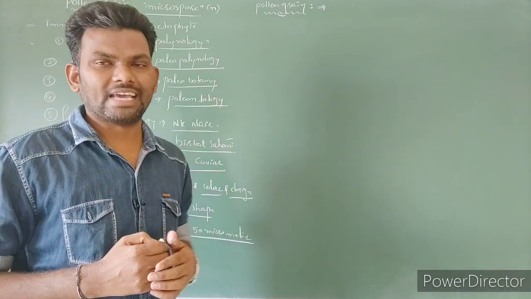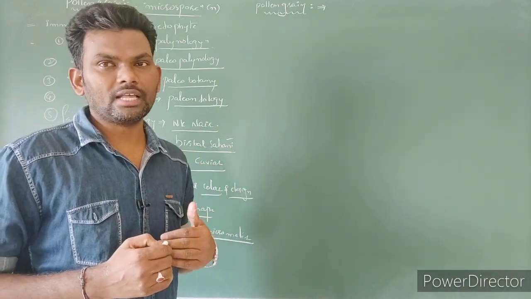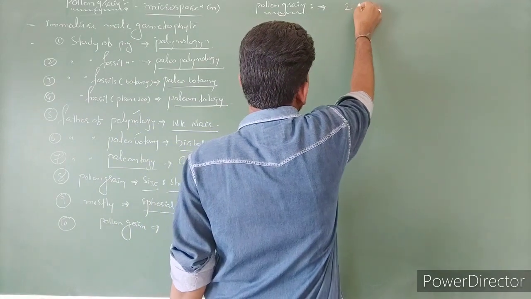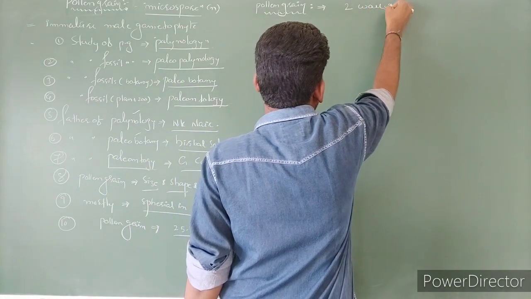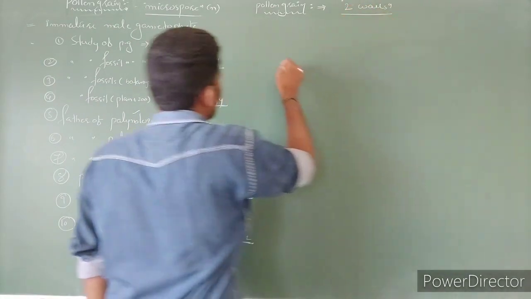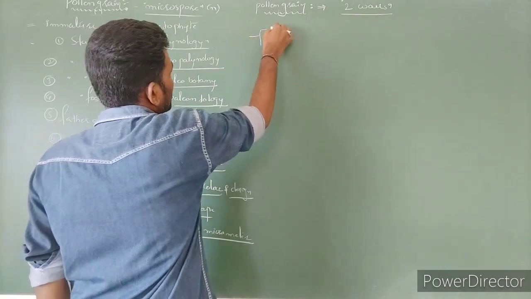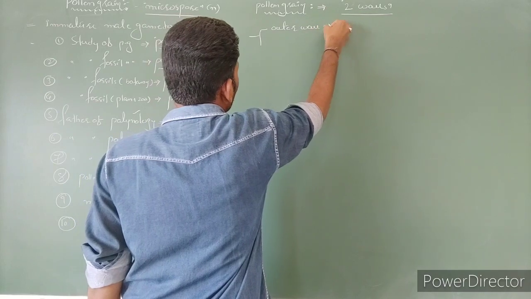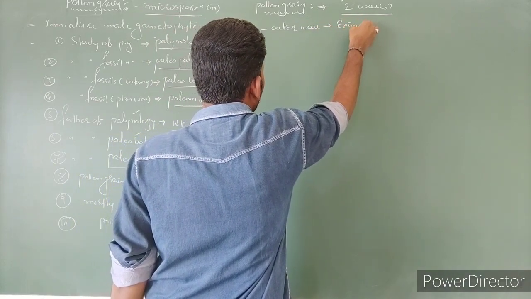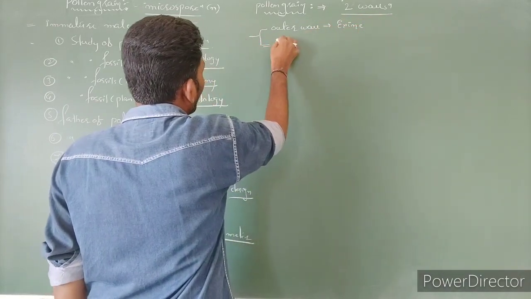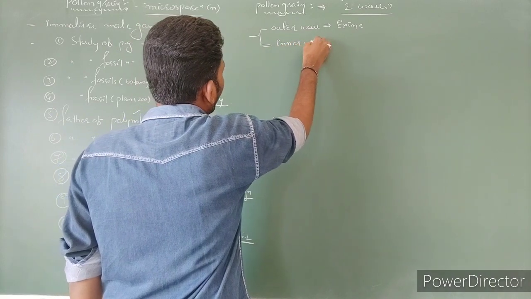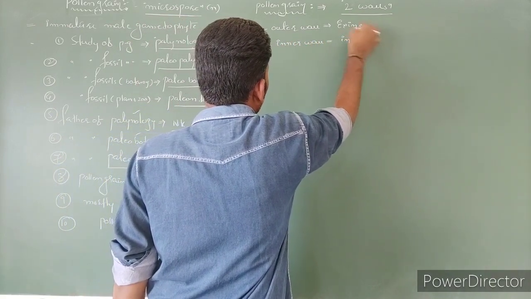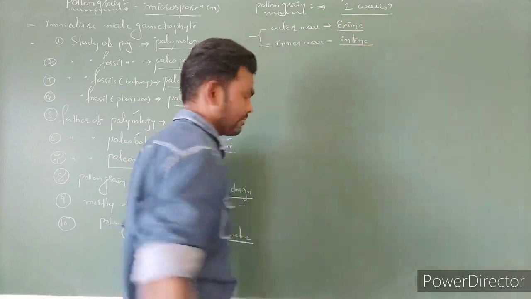The outer wall is called exine and the inner wall is called intine.